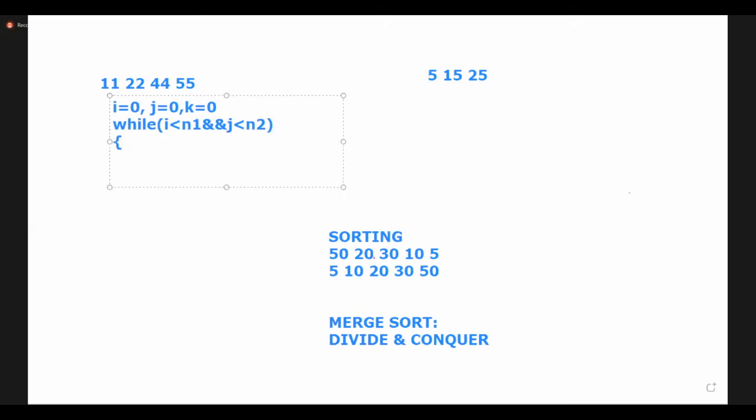First compare the left side array L of I less than or equal to R of J. Left side array value L of 0 is 11, R of 0 is 5. In the case L of I is less than R of J, the sorted array S of K is equal to L of I. Next, increase the I value: I plus plus.